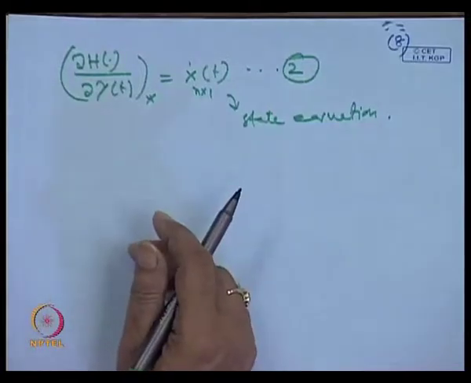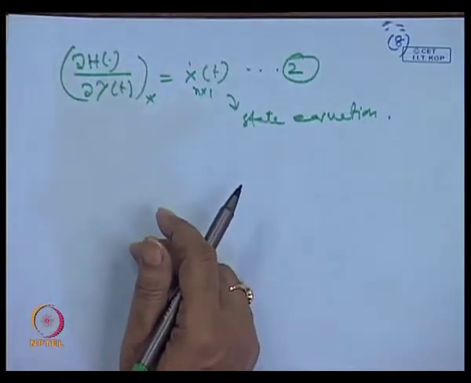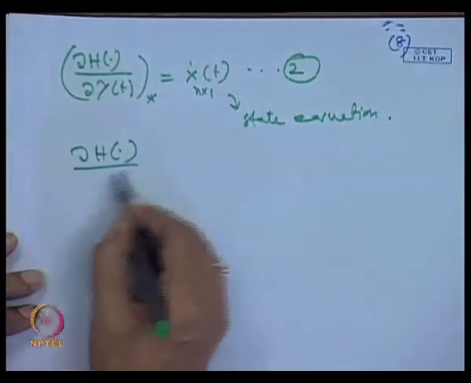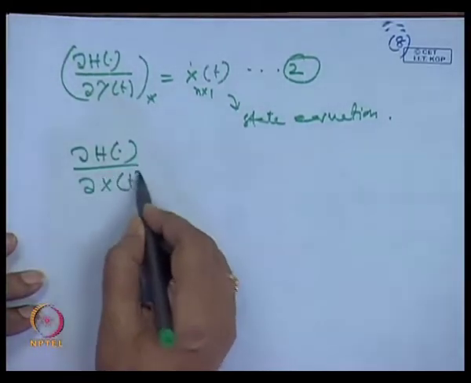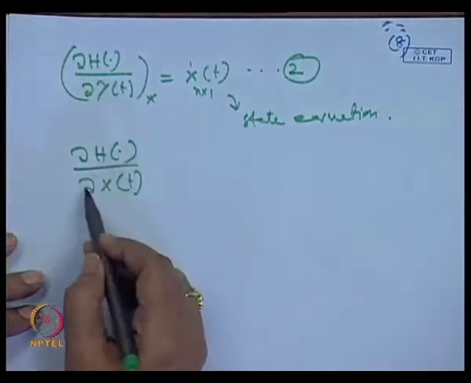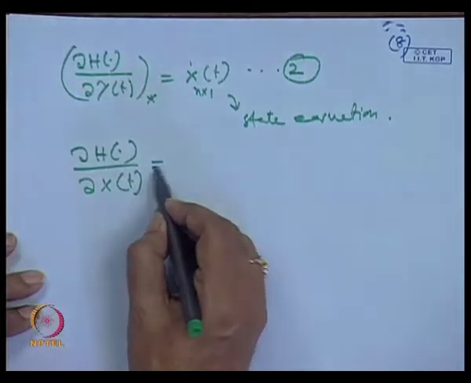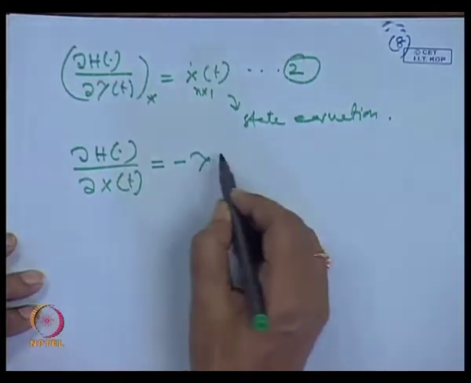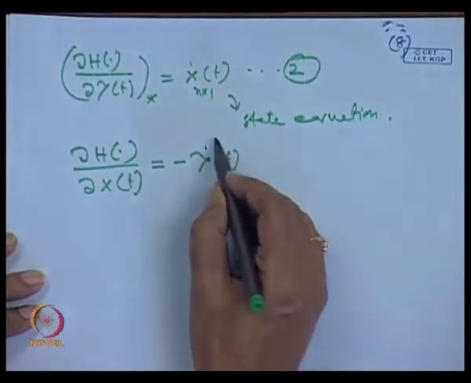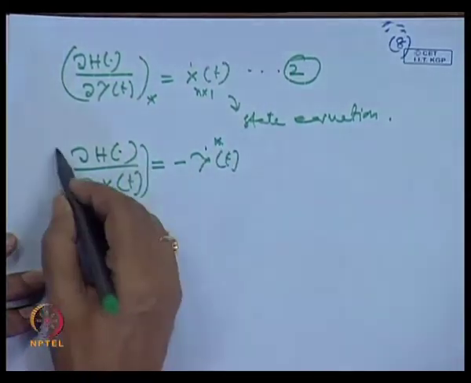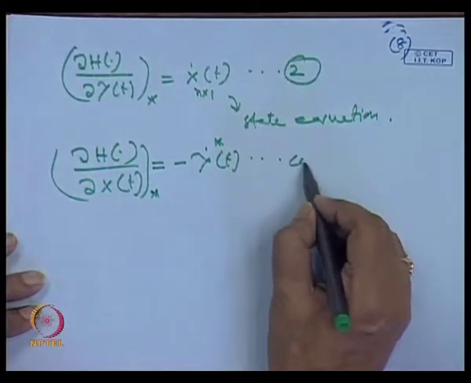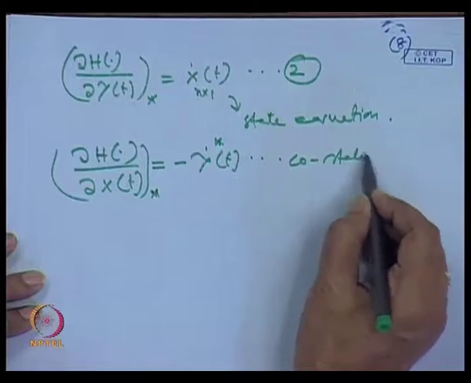Then third: del H del x, the partial derivative of the Hamiltonian function with respect to x, is equal to minus lambda dot star, where lambda is your co-state vector.